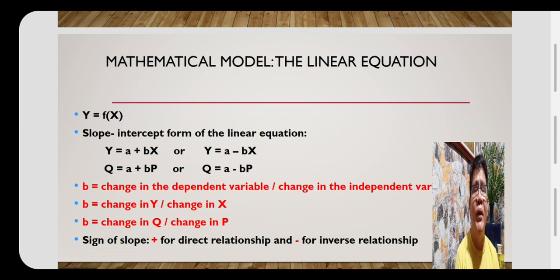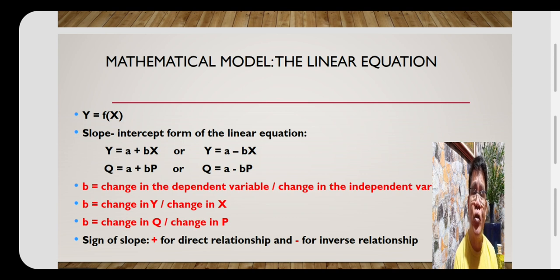Since we use quantity and price as the letters corresponding to the dependent and the independent variable respectively, in computing the slope, the numerator stands as the change in quantity, and the denominator is the change in price. Again, the numerator is the change in the dependent variable, and the denominator is the change in the independent variable.